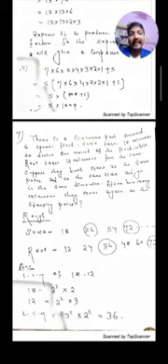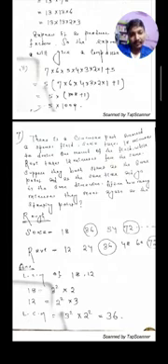Then question number 7: Sonia takes 18 minutes to run around a field and Ravi takes 12 minutes to complete one rotation around the circular field. If they start running from the same starting point, after how many minutes will both of them meet with each other again? Here I am showing you the rough work. Sonia takes 18 minutes for the first round, 36 for the second, 54 for the third, 72 for the fourth. Ravi takes 12 minutes for the first round, then 24, 36, 48, 60, 72.